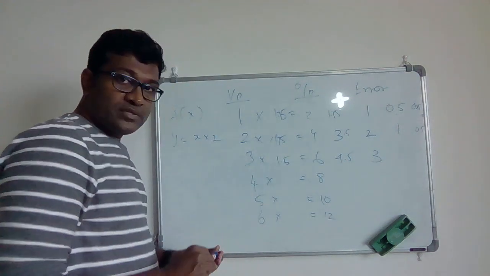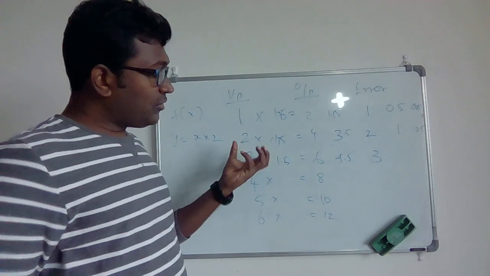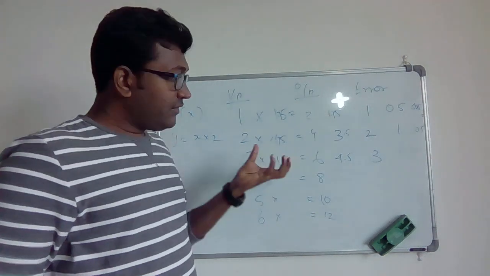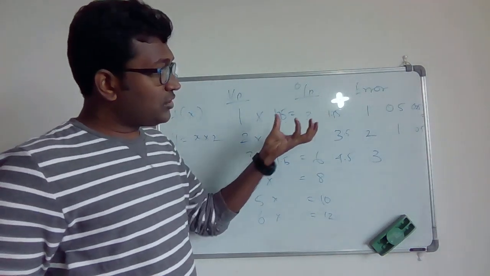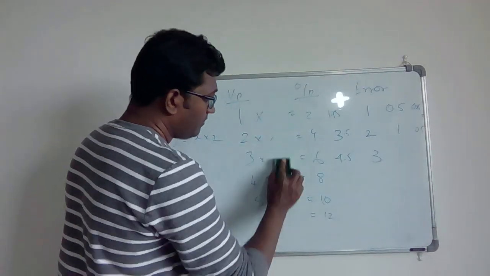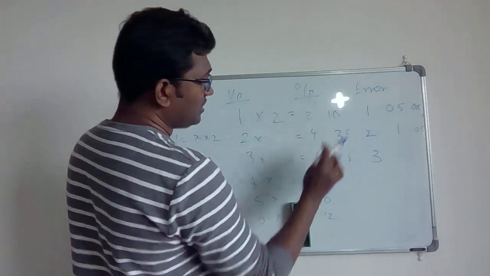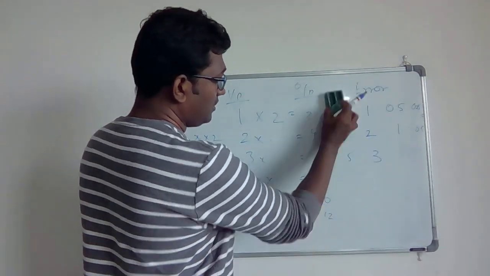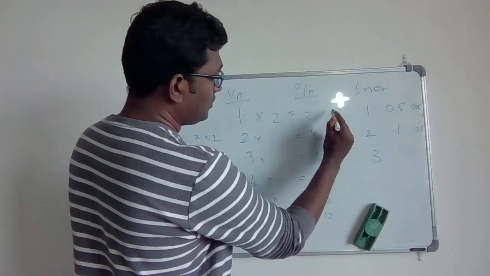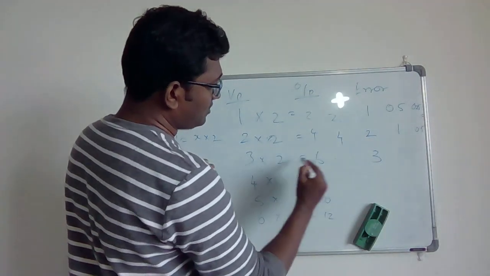So we have found a process by which we start with a random guess and go in a direction which reduces the error. We will be able to get answers closer to what we wanted. Now let's say the next guess becomes 2. 1 into 2 becomes 2, 2 into 2 becomes 4, and 3 into 2 becomes 6.